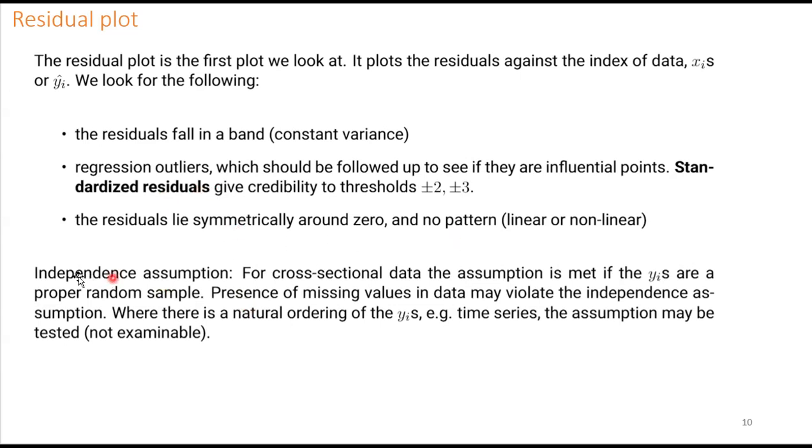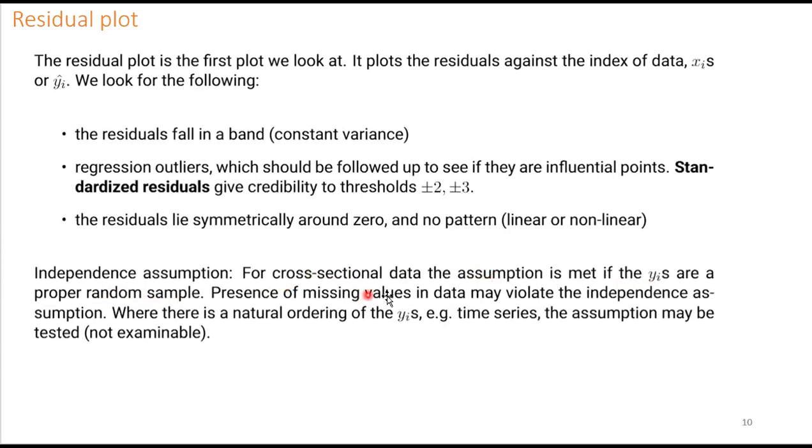Now, the final one, the independence assumption. We said that the covariance between the error terms is 0, but coupled with the normality assumption, it means that the error terms are independent. For cross-sectional data, this assumption is met if we have a proper random sample, so we'll assume that we have that.